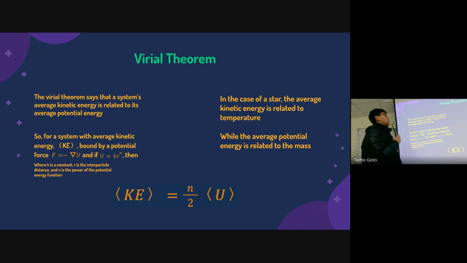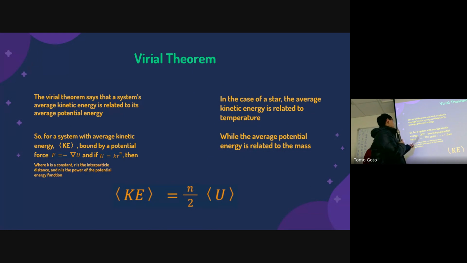In the context of a star, the average kinetic energy is its temperature, because temperature is basically the total of the vibration of particles in the star. And the potential energy is from the mass, using Newton's law of gravitation.